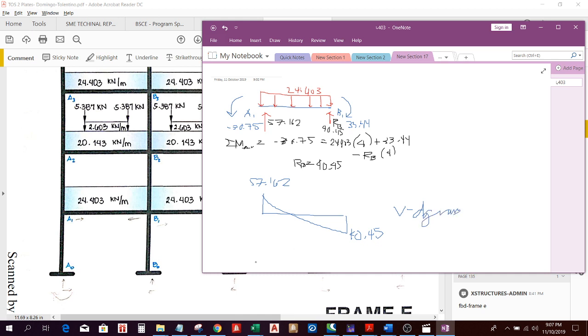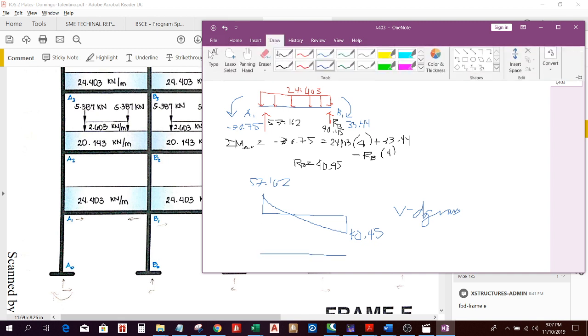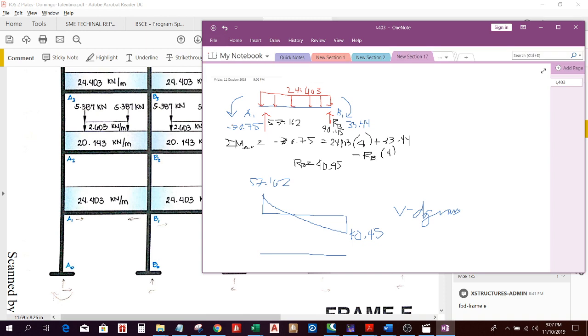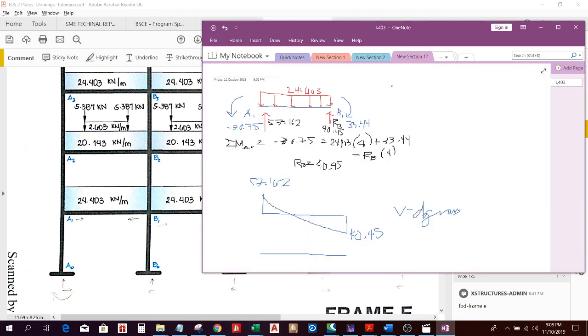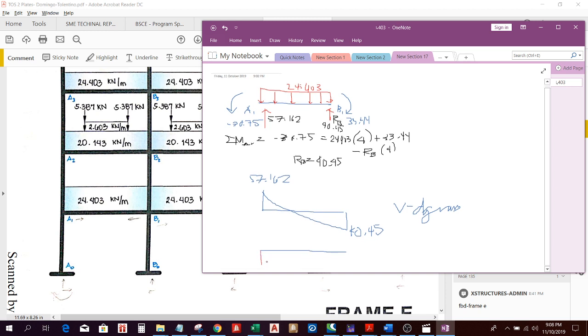So this is your shear diagram. About the moment. For the moment diagram, I have this. So for our convention, on the left portion, this is negative, going to the negative area, going down. Going down, negative, so that is negative 30.75.